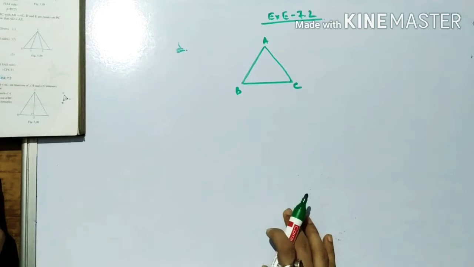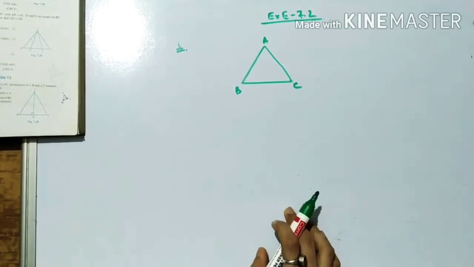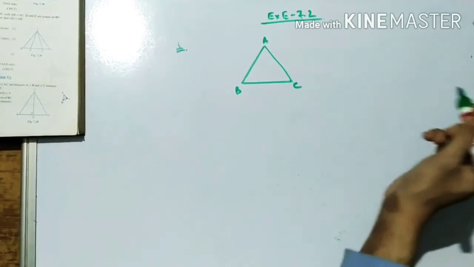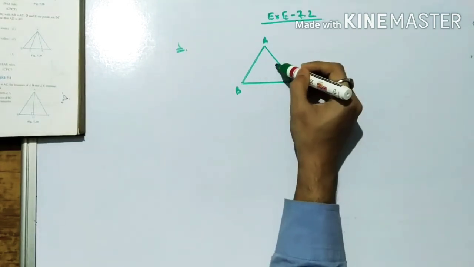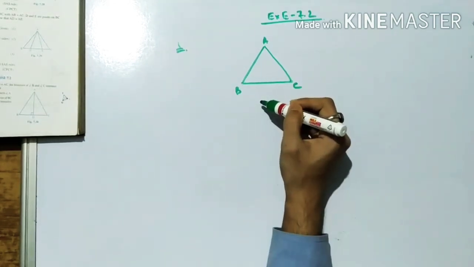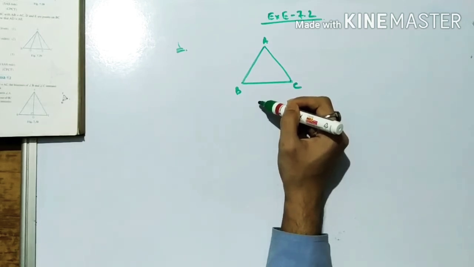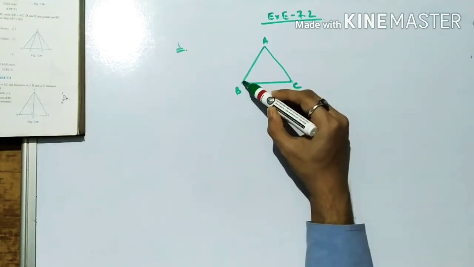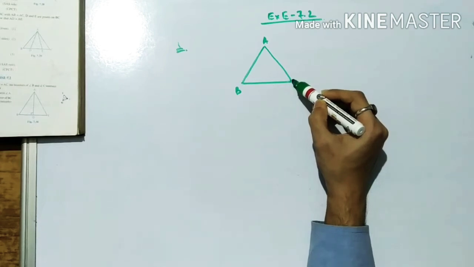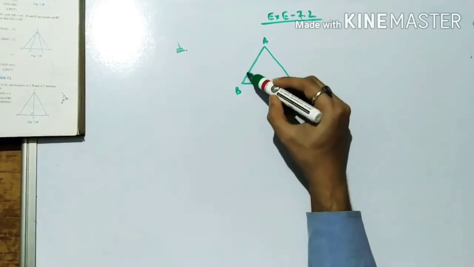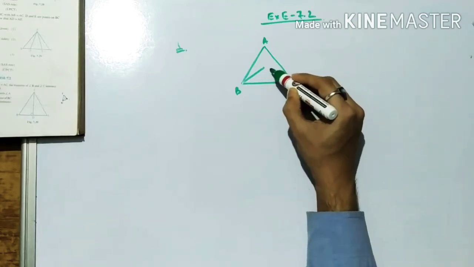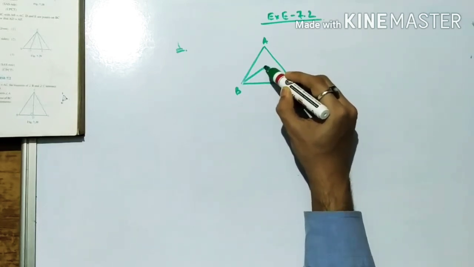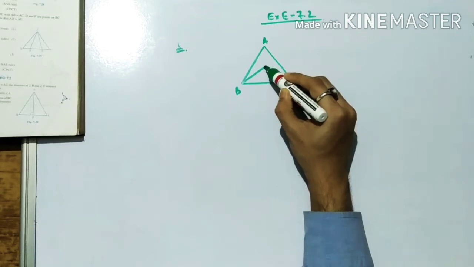In an isosceles triangle ABC, AB is equal to AC, given. The bisectors of angle B and angle C intersect each other at O.